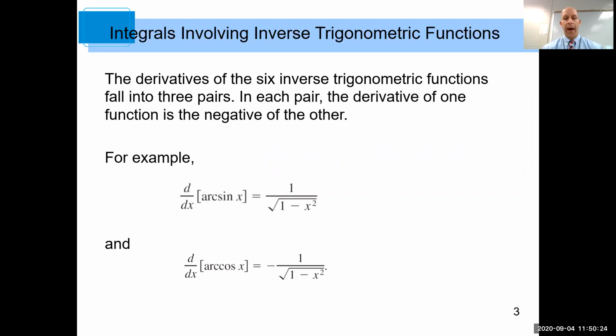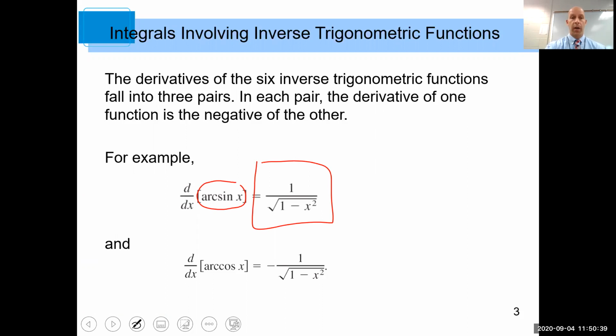So if we go back to chapter 2 on derivatives, which we kind of skipped, you may recall that the derivative of the arcsine function is 1 over the square root of 1 minus x squared, where the derivative of the arc cosine is just the negative of that.